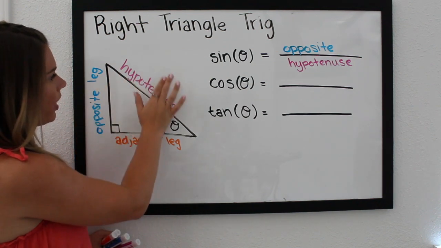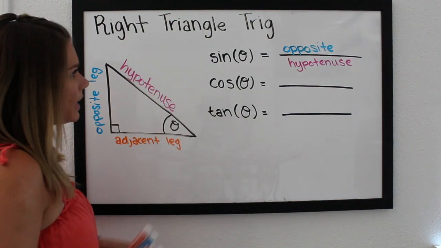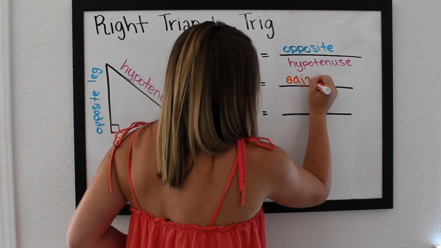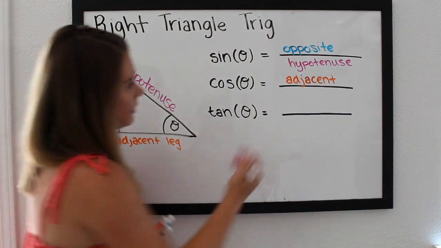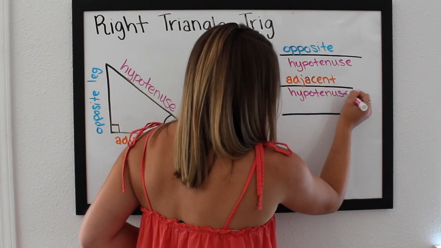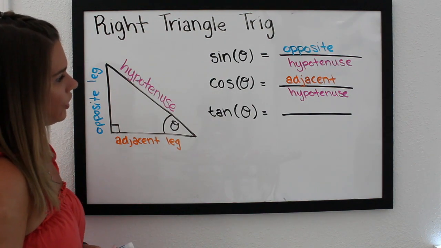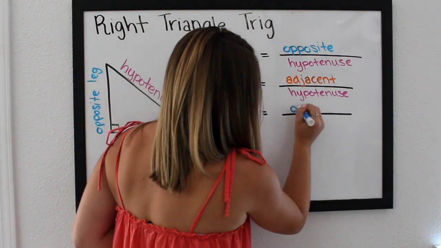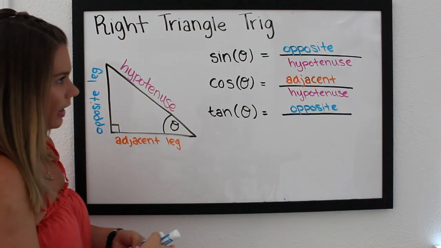So it's the length of the opposite leg over the length of the hypotenuse. Cosine of theta is equal to the adjacent leg over the hypotenuse. And finally, tangent of theta is equal to the opposite over the adjacent.